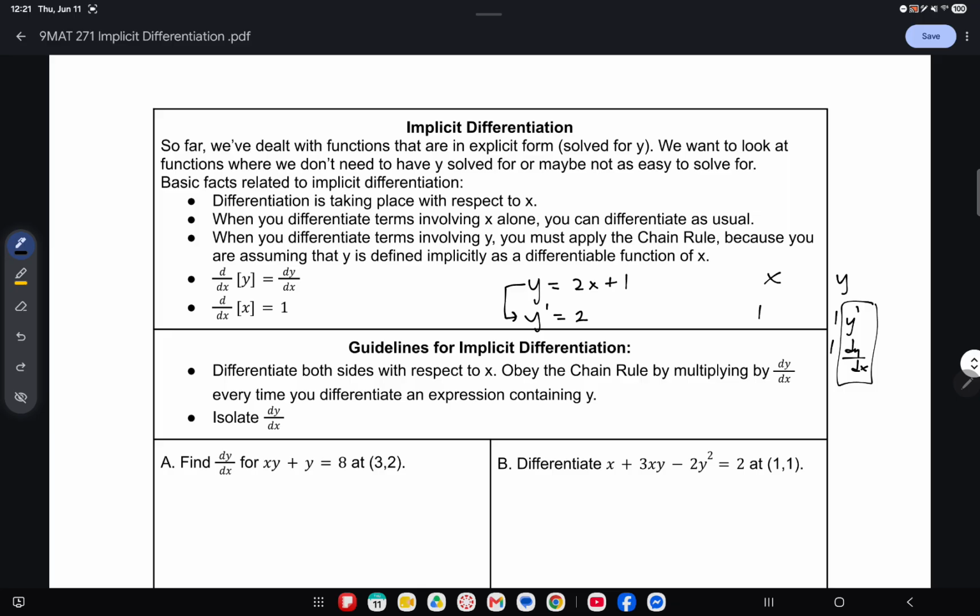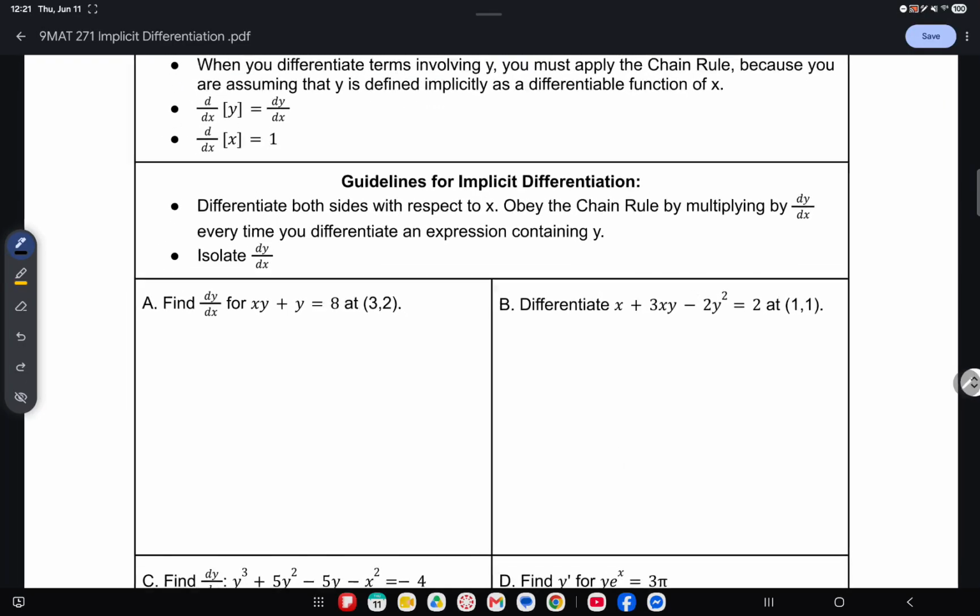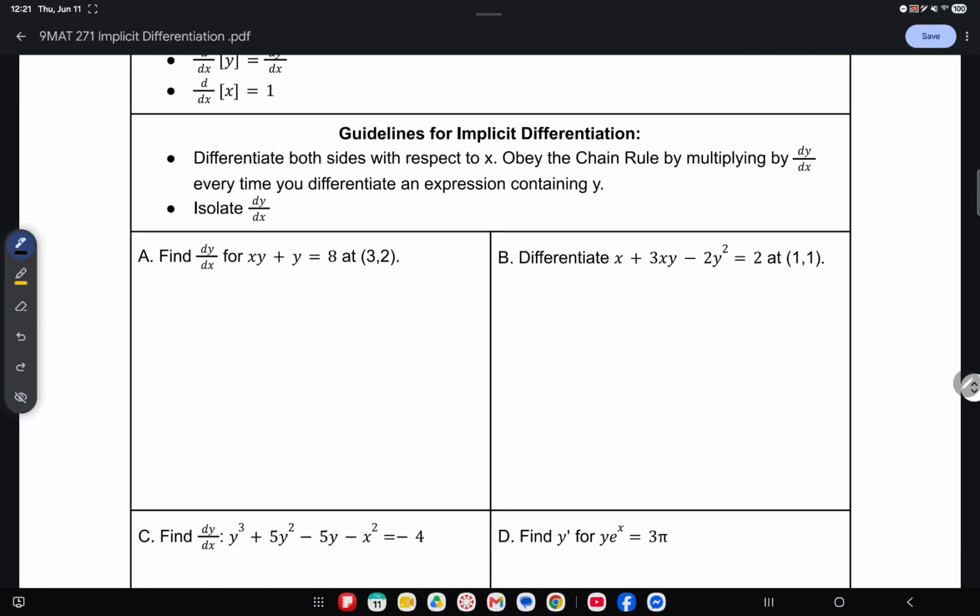But when we're given functions implicitly, so the output is not isolated, we have to do things a little different. So we can take equations as they are, and then we're going to find the derivative of both sides. And it's like we're doing a chain rule when we're doing anything that deals with y.